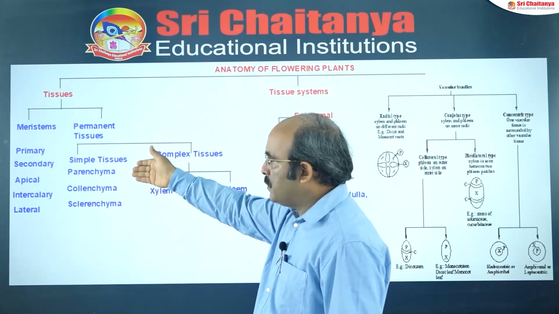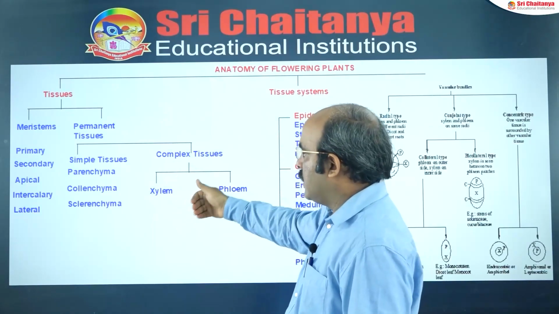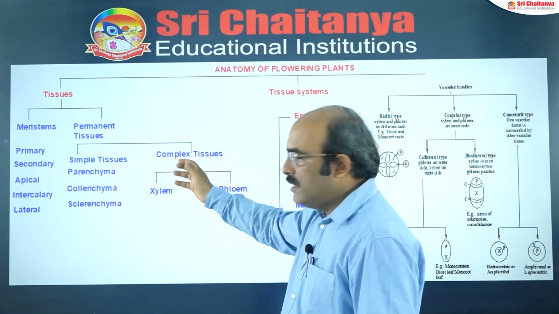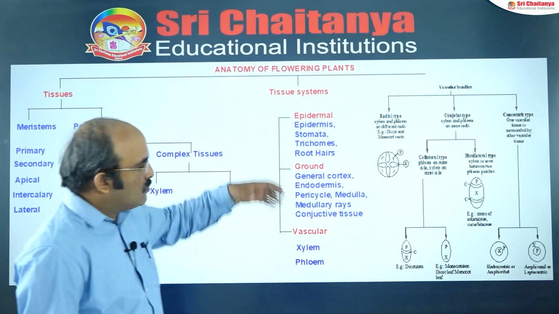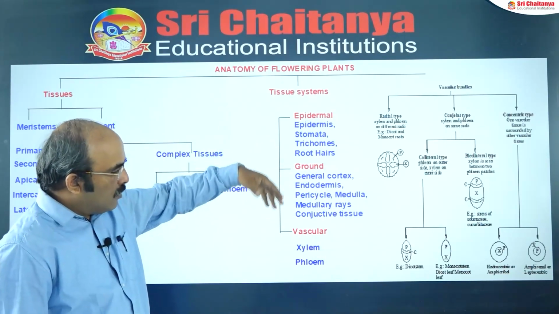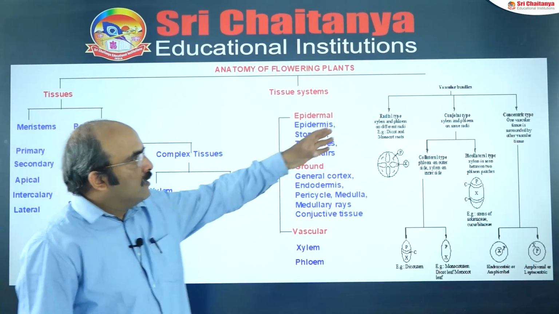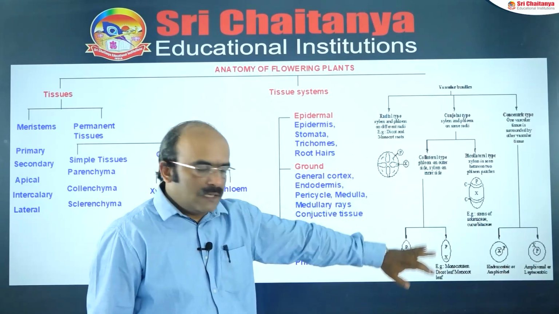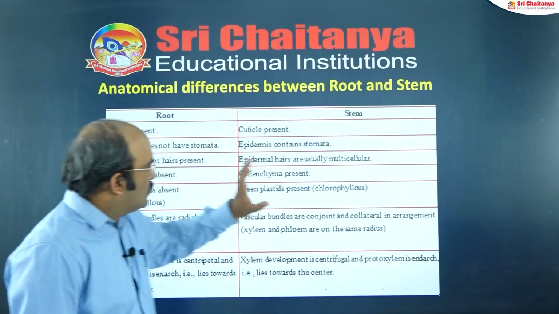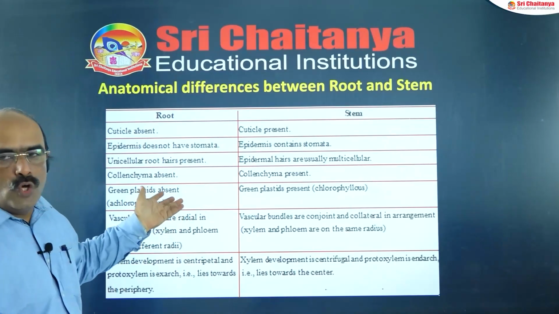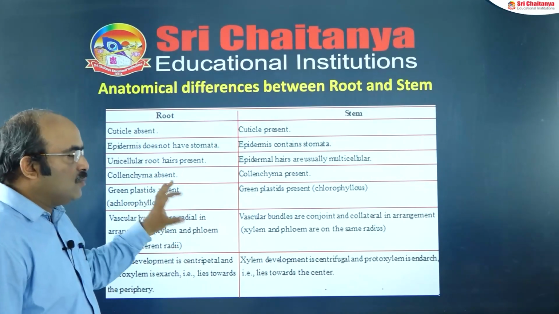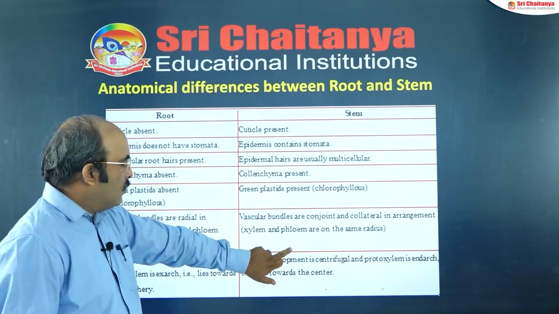Simple tissues include parenchyma, collenchyma, sclerenchyma, whereas complex tissues include xylem and phloem. Now, if you go to tissue systems, these are epidermal, ground and vascular tissue system, and this is the type of vascular bundles. Now, these are the main differences between the structural organization of root and stem, which you could summarize in a tabulated manner.